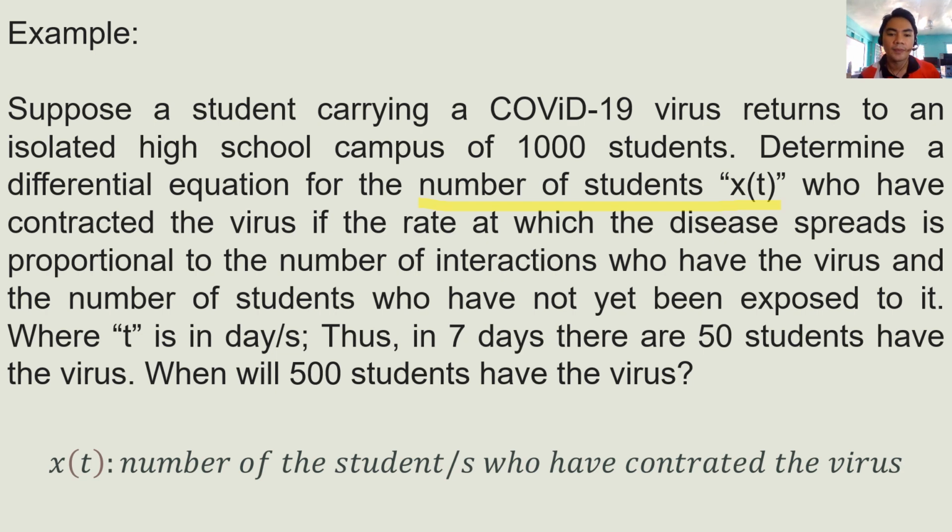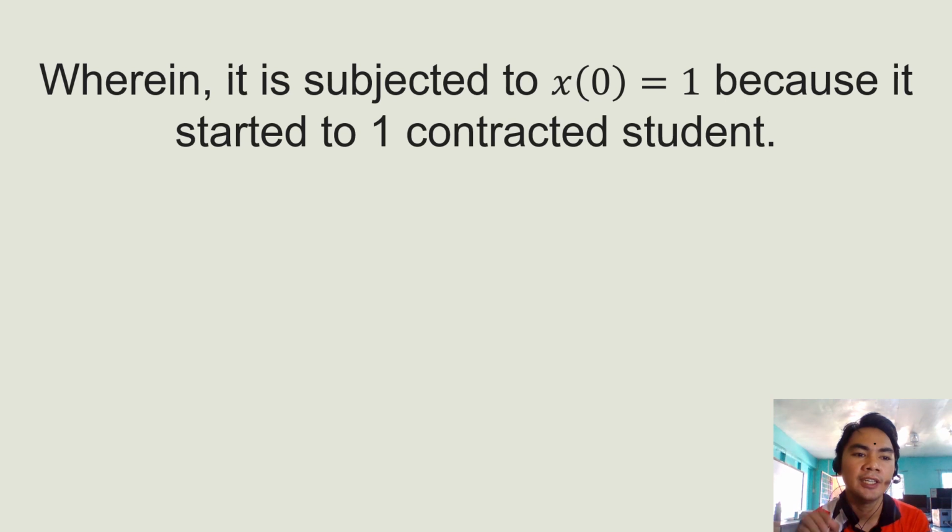So that's it. Now, let us think of a situation where there is no exposure yet, wherein it is subjected to x of 0, because our time in here is 0, is equal to 1, because it started with one contracted student.